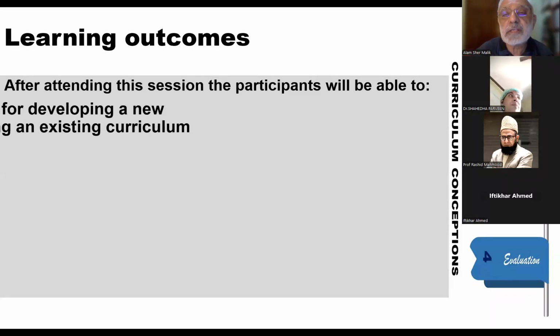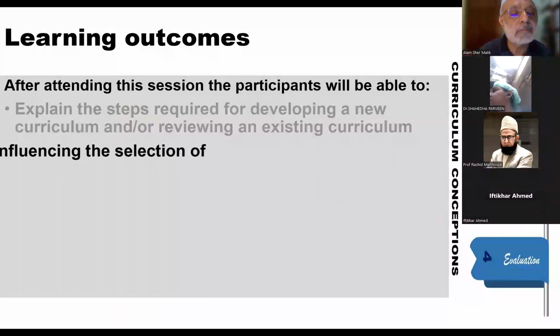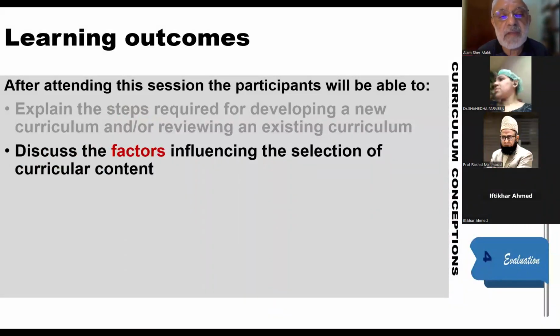We hope the participants will be able to explain the steps required for developing a new curriculum or reviewing an existing curriculum. That's the one outcome. Discuss the factors influencing the selection of curricular content.